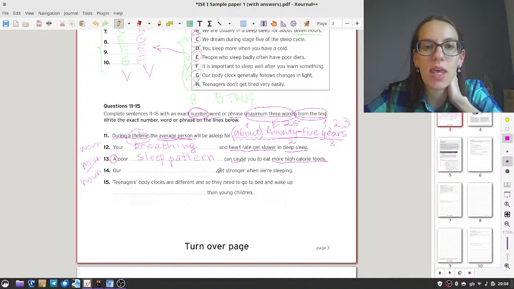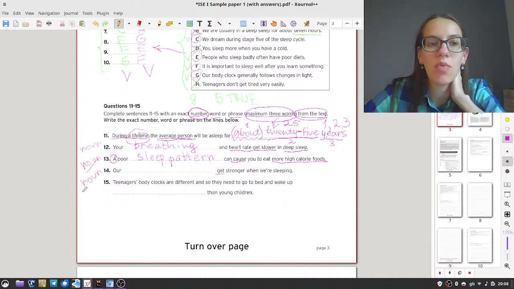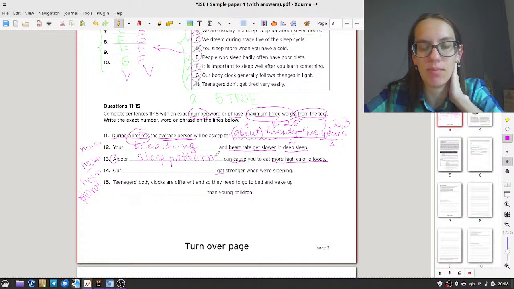Our something get stronger. Not gets, but get. It means that it's something in the plural. It's a plural noun. It's not just one thing, it's many of something.